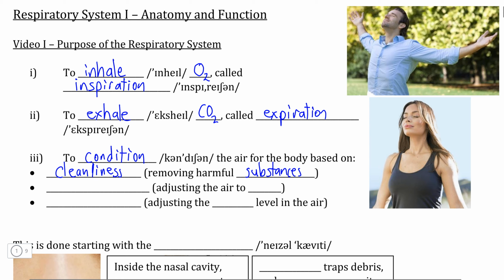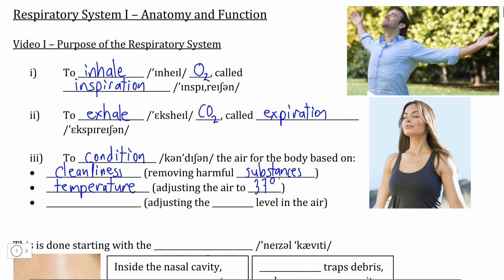Now, once the air itself has been filtered and cleaned, and we'll talk about how that happens in a second, there are two environmental conditions that need to be changed. The first of which is temperature, and this is particularly important during the winter because generally the atmospheric temperature in wintertime is going to be much colder than inside of the human body, but this also applies to summer temperatures, and especially for humans that live in environments that are warmer than body temperature.